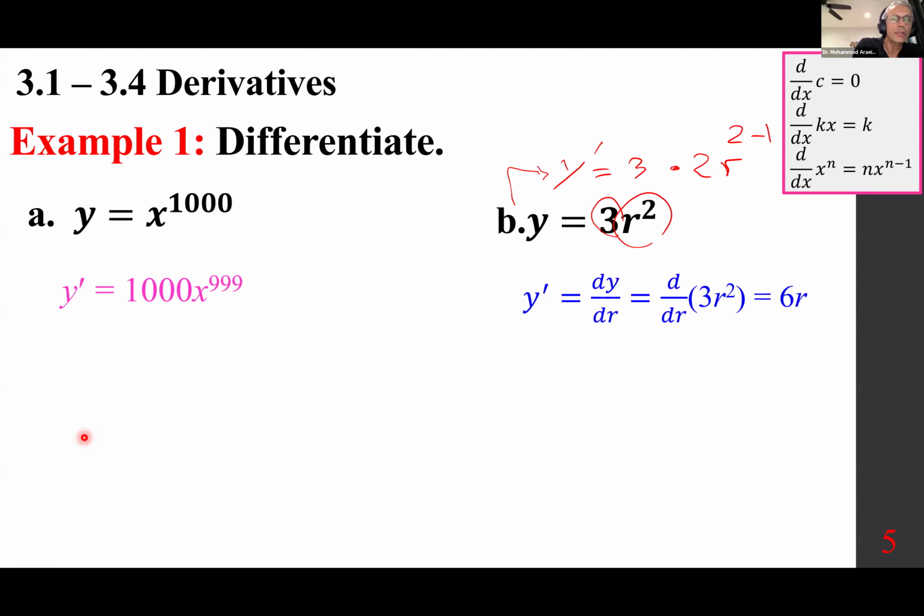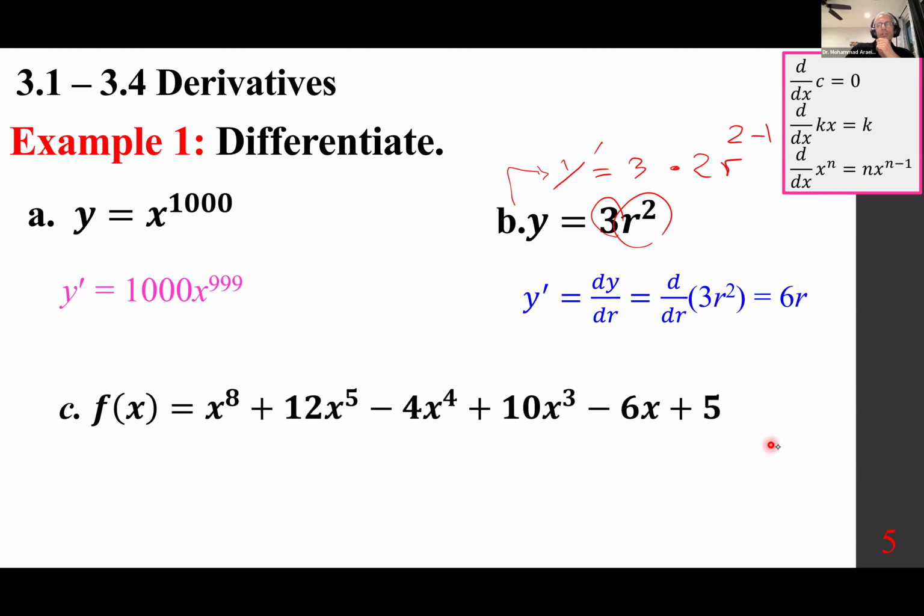What I want to mention are other notations. Y prime, dy/dr. Why dy/dr? Because r is the independent variable. Also, we could say d/dr of 3r squared. So it's important to understand various notations. The answer is, of course, 6r.